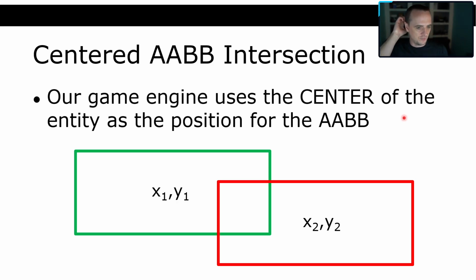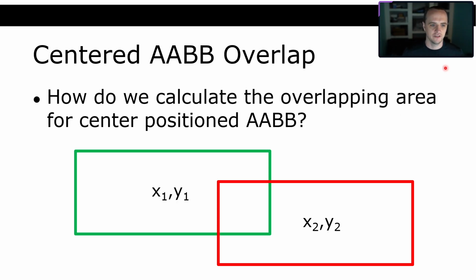This is going to make some things really easy in our game, much easier than if we had used the top left coordinates. So how do we calculate the overlapping area for a centered, positioned, axis-aligned bounding box?